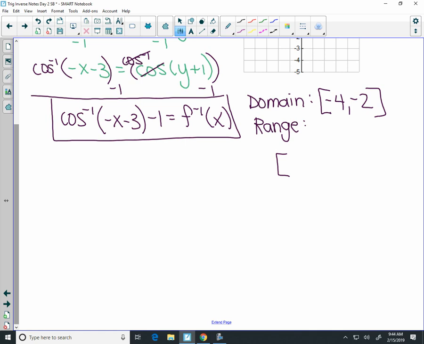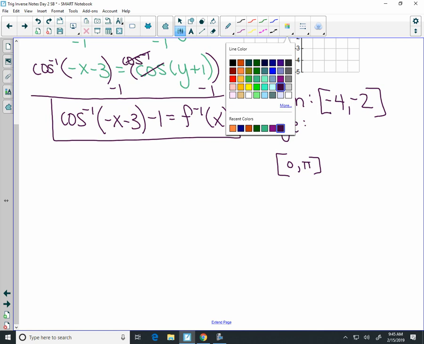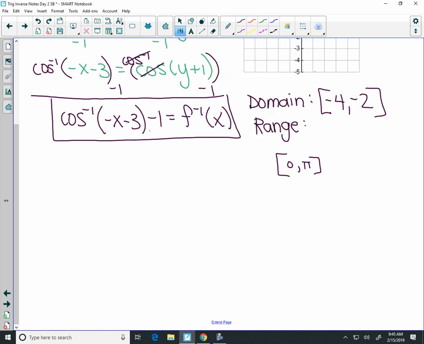Yeah, usually we're looking at 0 to pi. Remember, range is just your outputs or your y values. Is anything here affecting 0 to pi? Is anything on the outside of the function? Yeah, that -1. So -1 is just down 1.